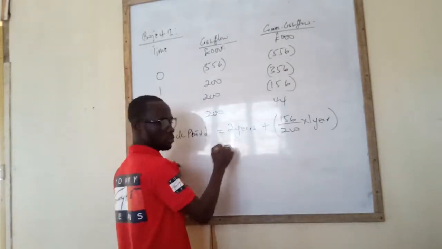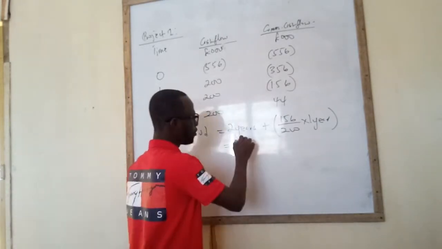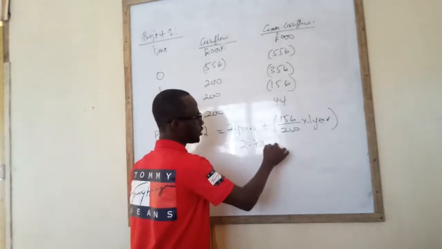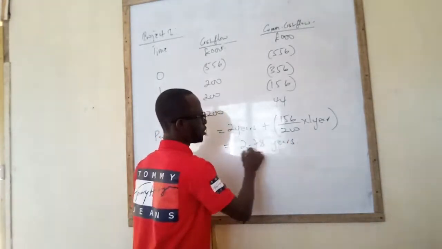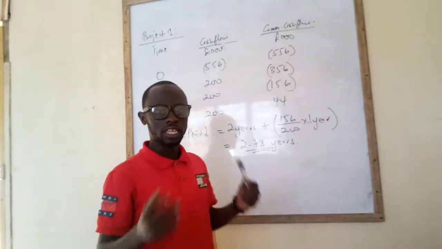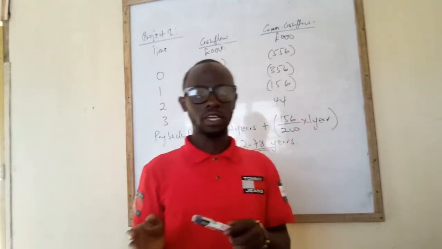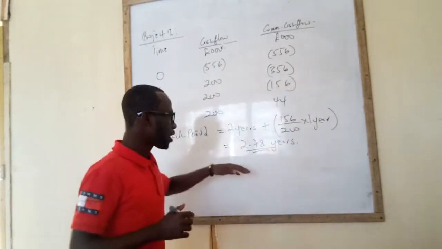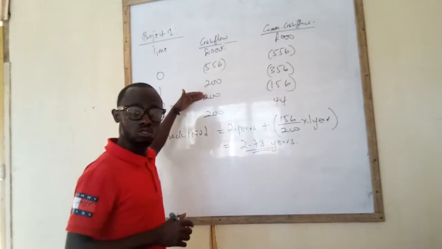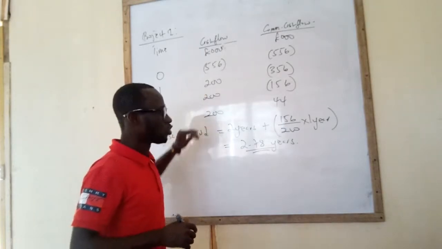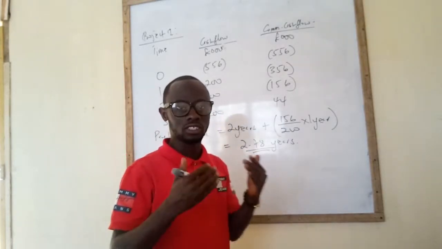And so when we do that arithmetic, it's going to give us 2.78 years. That means that, as I mentioned to you earlier, the payback period is between year 2 and then year 3. So this is how long it takes.